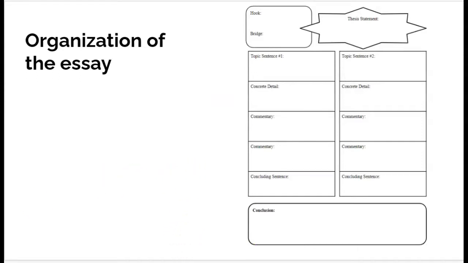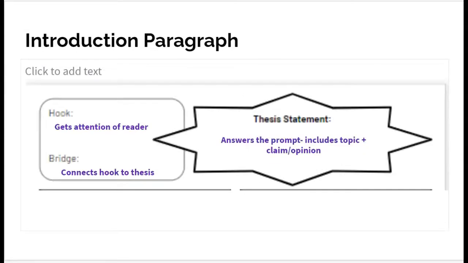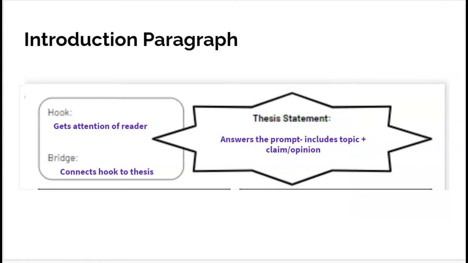Let's look at how the essay is organized. We're going to focus first on the introduction paragraph. So I have zoned in on that section. And in that introduction paragraph, you have three things. The first thing you have is the hook.